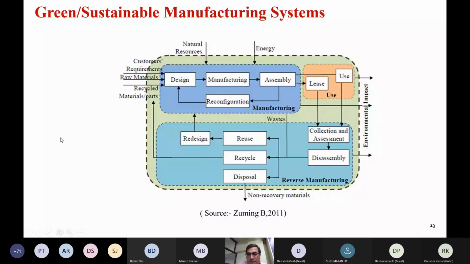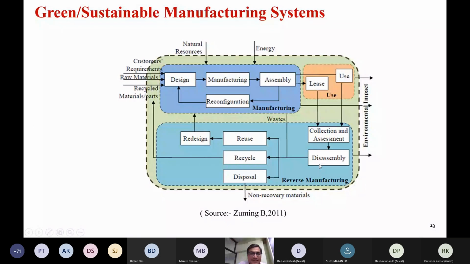You have seen that wastes are there. Then you have to collect, reuse, recycle, disposal, redesign, collection, assessment, disassembly. In that way, it means reverse manufacturing concepts.